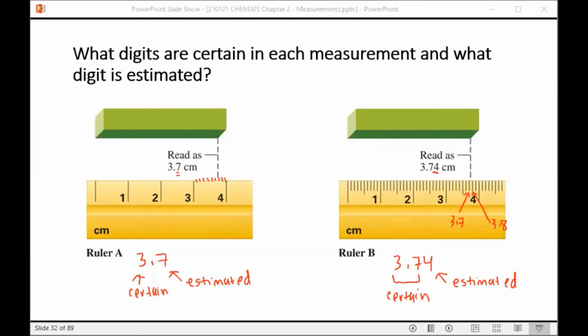And so if we count up the number of certain digits plus estimated digits, the total gives us the number of what we call significant figures for this measurement. In ruler A, we have 1 certain digit plus 1 estimated digit equals 2 sig figs. And in ruler B, our measurement 3.74, we have 2 certain digits plus 1 estimated digit equals 3 sig figs.